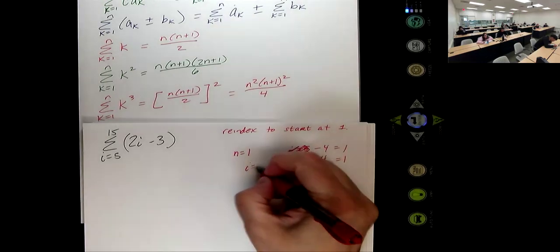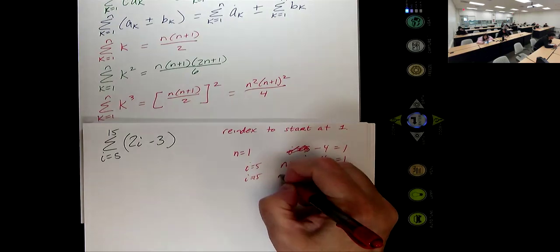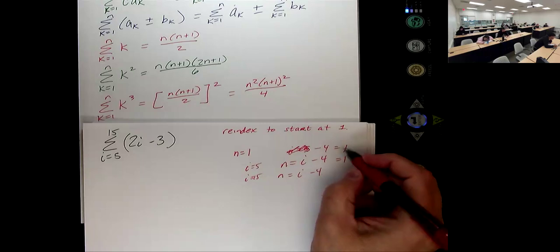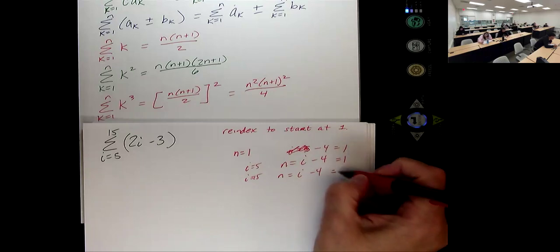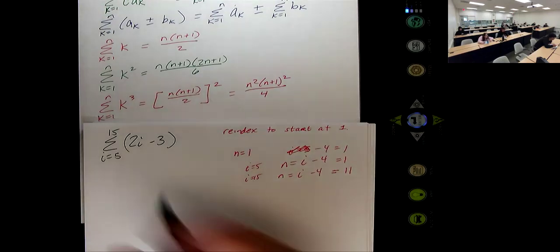If i equals 5, or if i equals 15, n equals i minus 4. We gotta keep the same pattern. That would take us down to 15 minus 4, which is 11. What does this do to my i here?